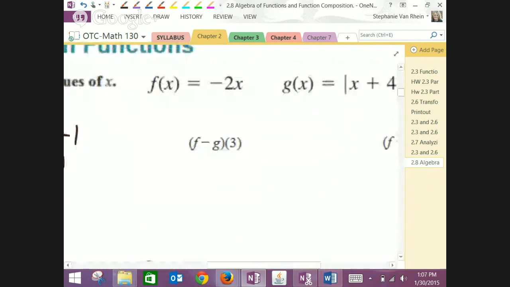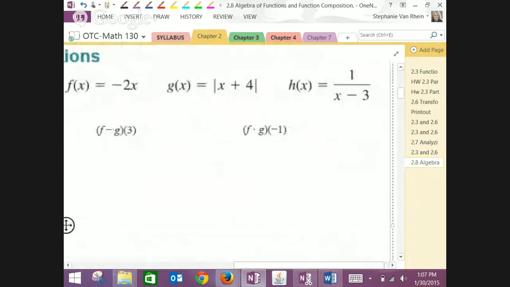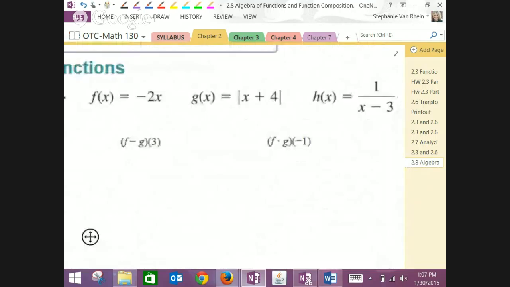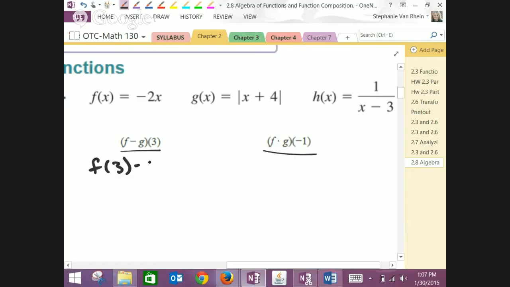So along the lines of what we talked about with the addition, subtraction, division, and multiplication of functions, this is an example given f of x, g of x, and h of x. What would be the difference of f and g at 3? So this is saying f at 3 minus g at 3.